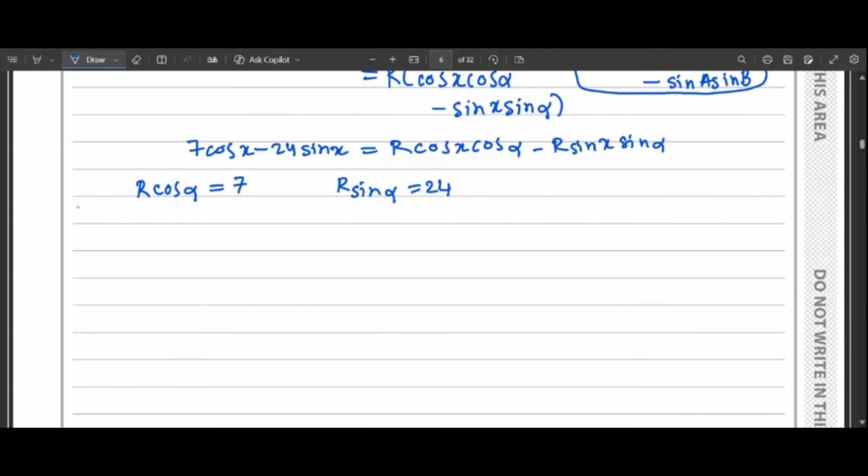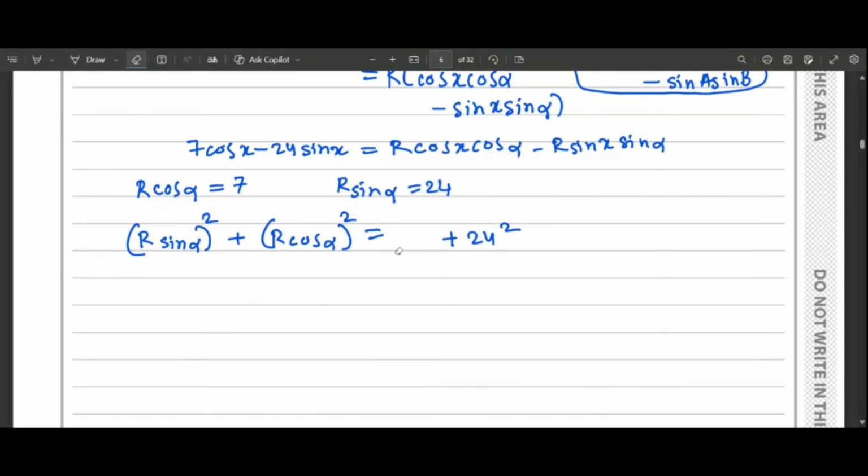Now to find the value of r, we can square r sin alpha and add the square of r cos alpha. This will give us 7 square plus 24 square. Because r sin alpha is 24, I'm sorry, I've written it in the opposite way.